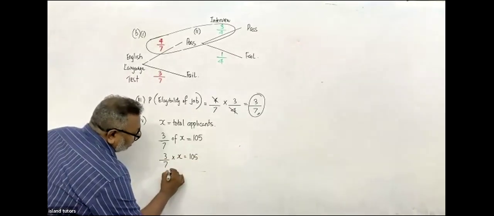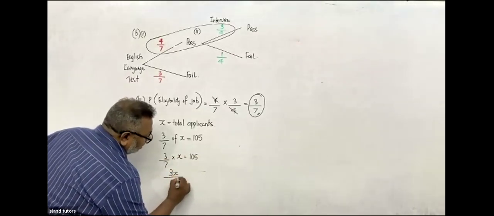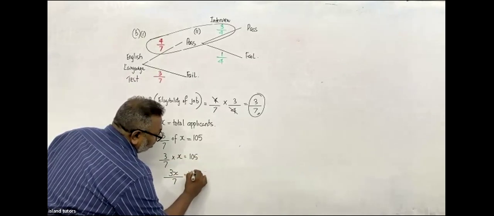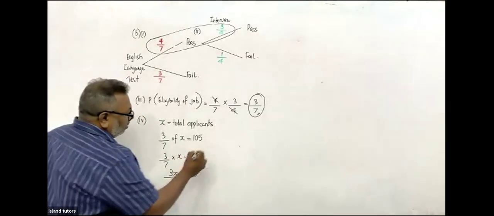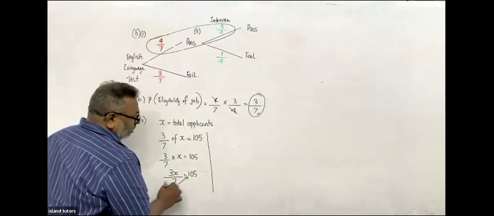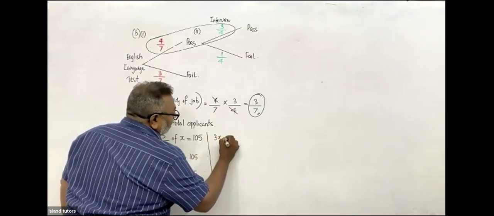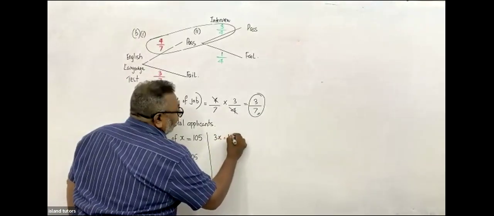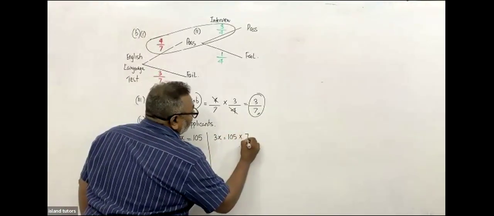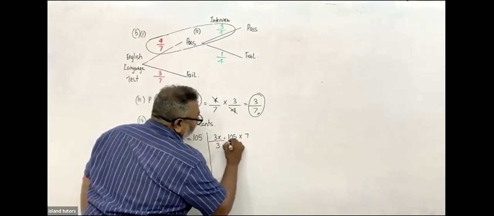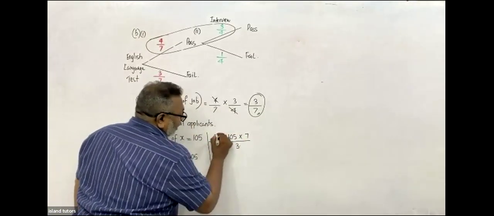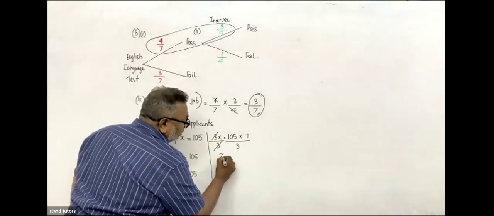So 3 into x is 3x divided by 7 is equal to 105, cross multiplied. Right? So when you cross multiply, what happens? You have 3x is equal to 105 multiplied by 7. Divide by 3. This 3 cancels.